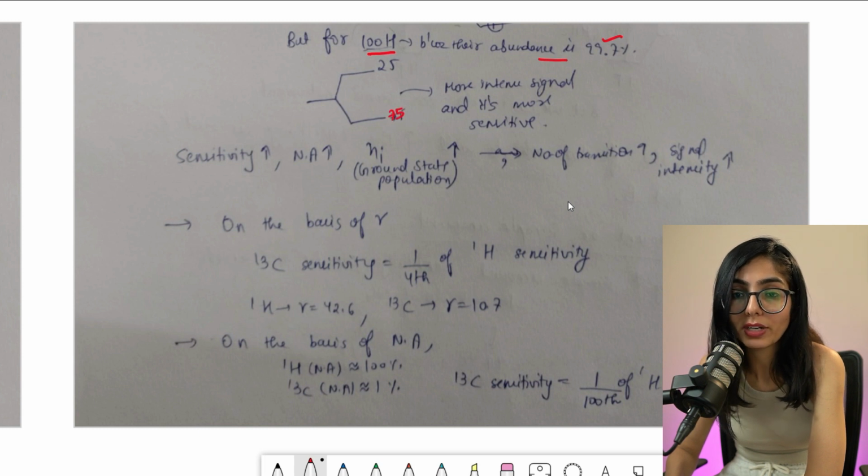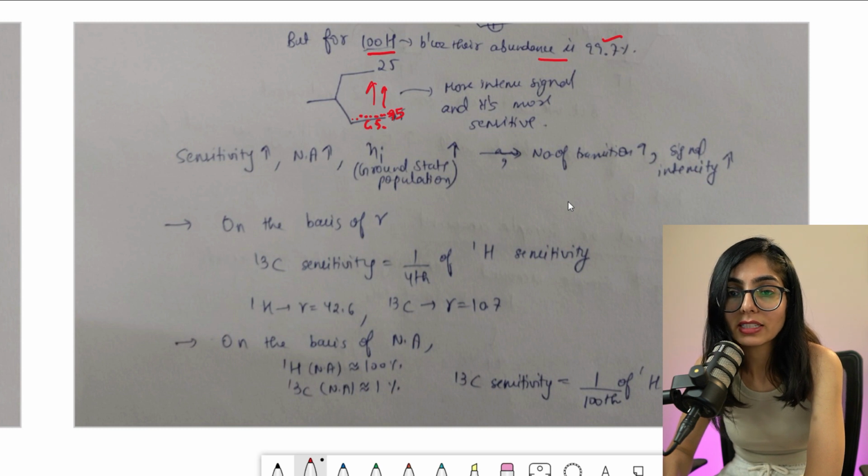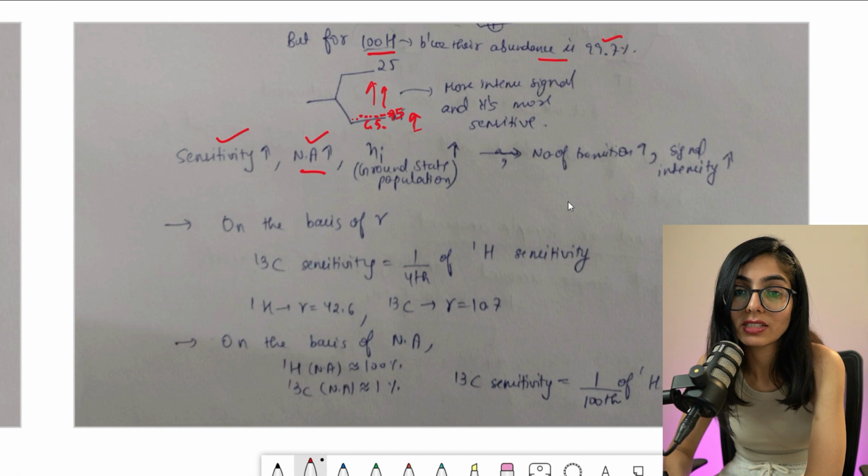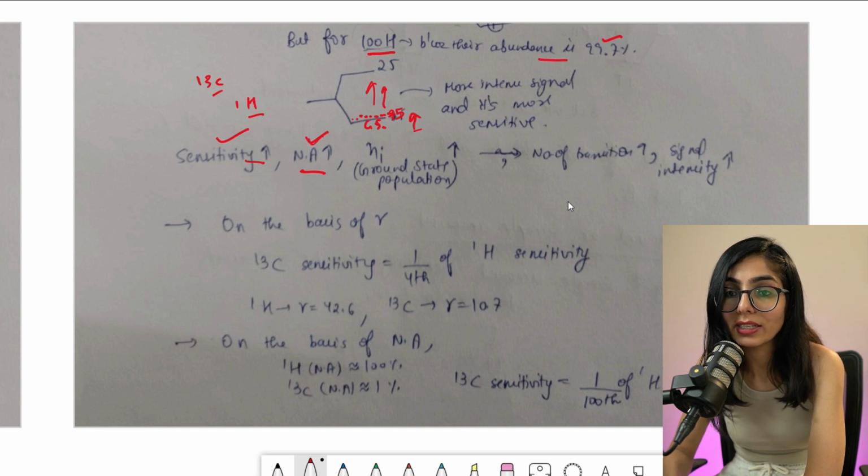So a lot of nuclei will be there in ground state, and a lot of transitions will be there, so that means intensity will increase. So our sensitivity got increased with natural abundance. As natural abundance increased, sensitivity increased. 13C is not sensitive, but 1H is definitely sensitive because its natural abundance is so high that we are getting such a high signal. Fine, so ground state population increased. That's what I've written. Number of transitions increase, signal intensity increases.